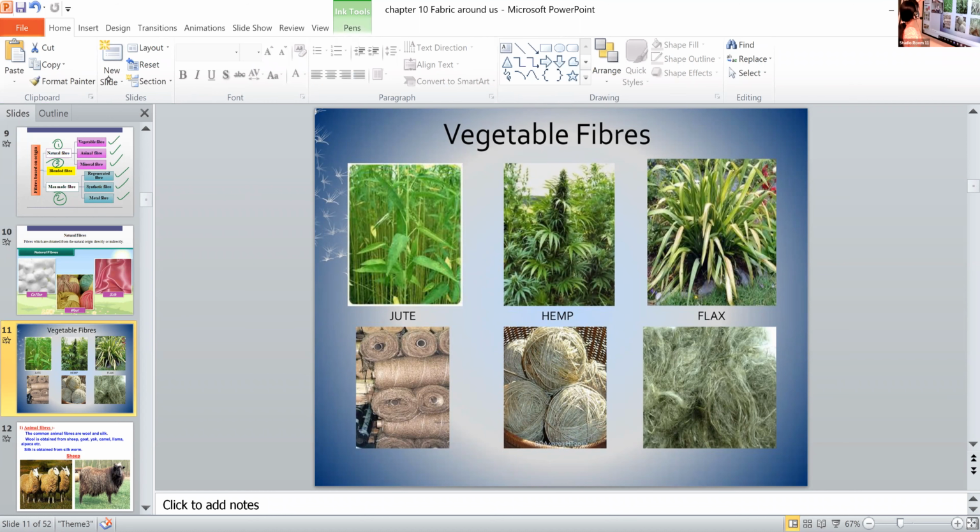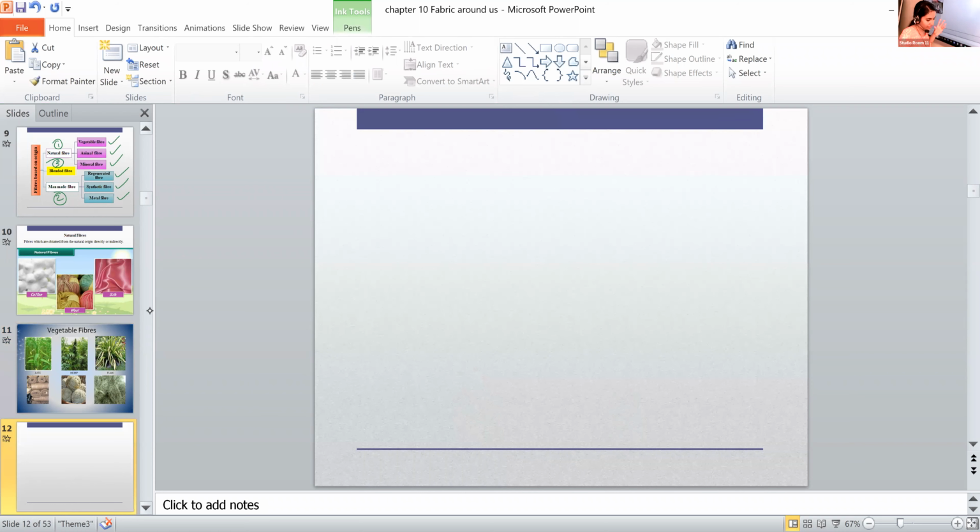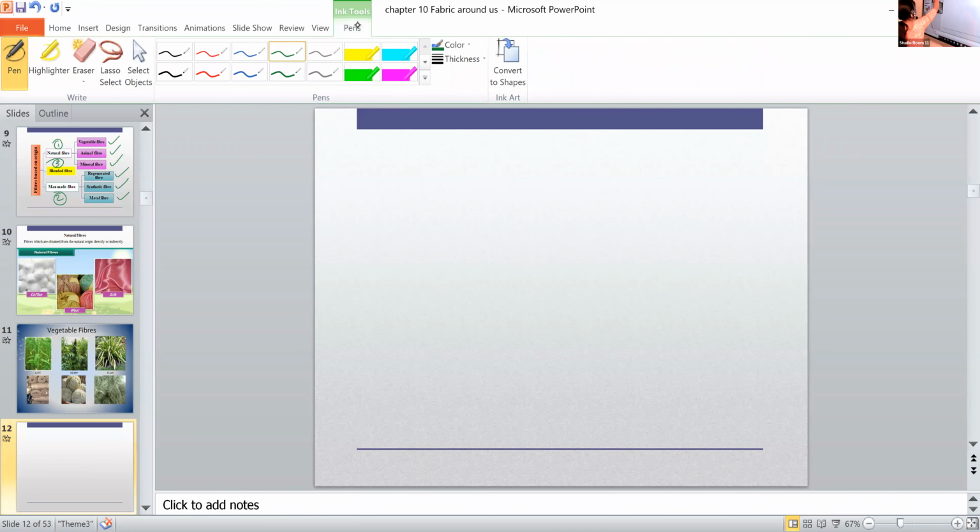Okay. So the vegetable fibers means the fibers that we obtain from various parts of the plants. What is vegetable fiber? The things that are obtained from various parts of the plant.